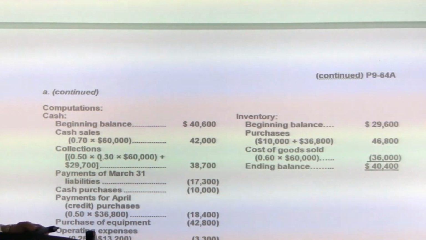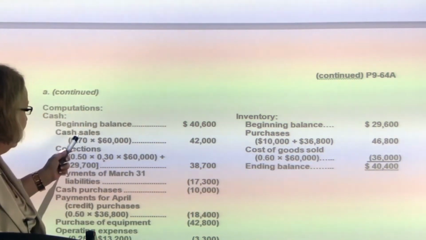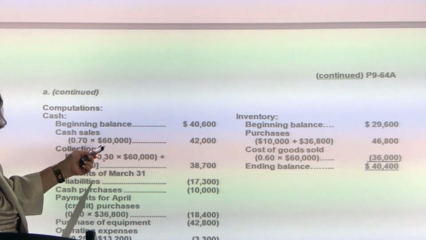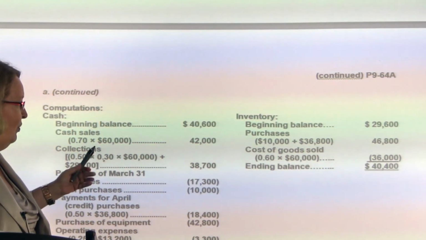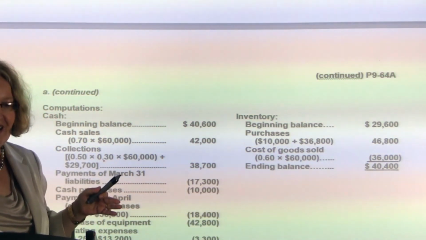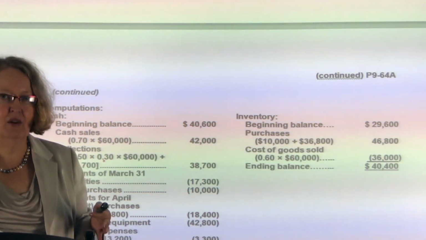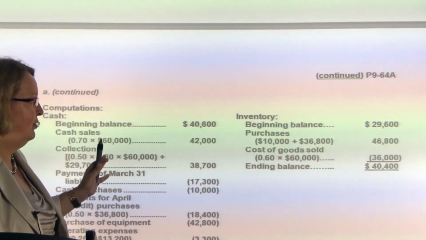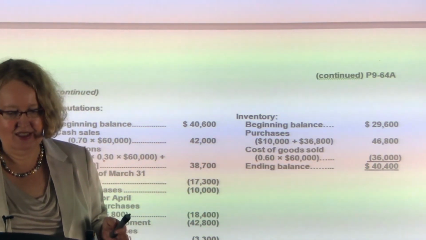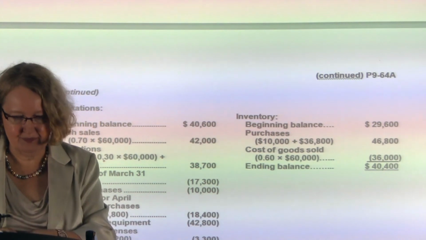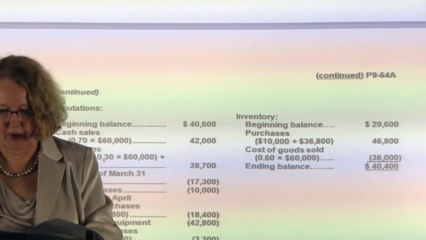So you see here, your cost of goods sold is based on 60,000, cash sales, everything is based on 60,000 instead of 90,000. So this is self-explanatory. If you understand the first scenario we went through, you basically just go into the schedules and change your 90,000 to 60,000. So I'll leave that for you to review on your own.